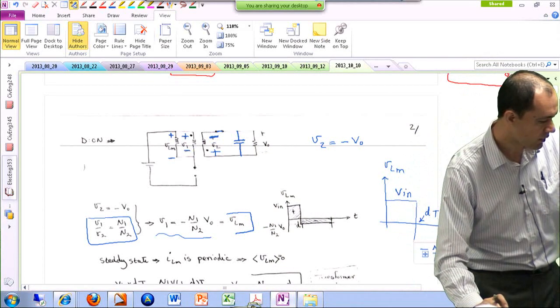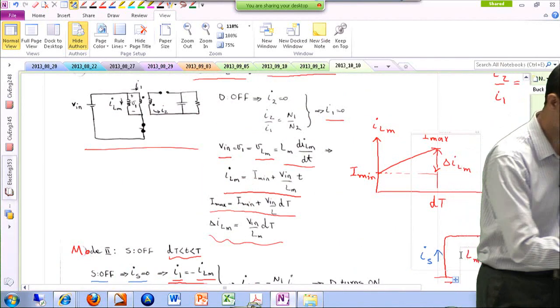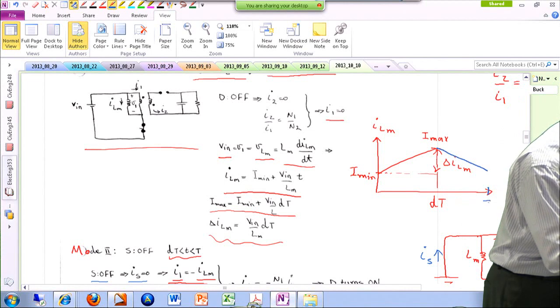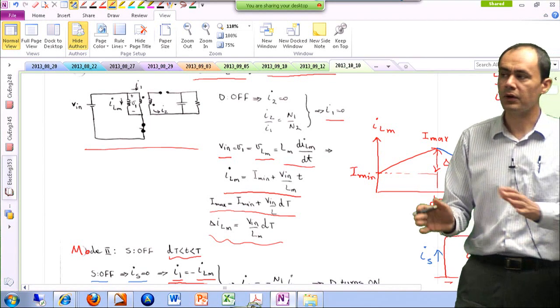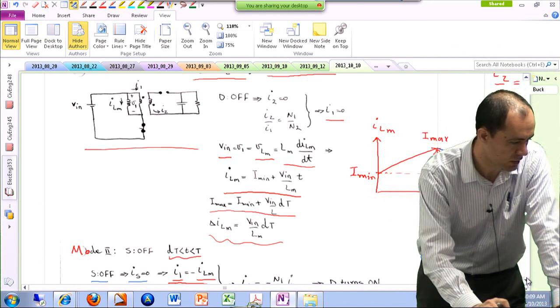So I haven't done the delta ILM in this mode, but you can do that. You can argue that the inductor current is falling now, and you can find another delta ILM based on this mode, and then compare the first delta ILM versus the second delta ILM to find the voltage transfer ratio.